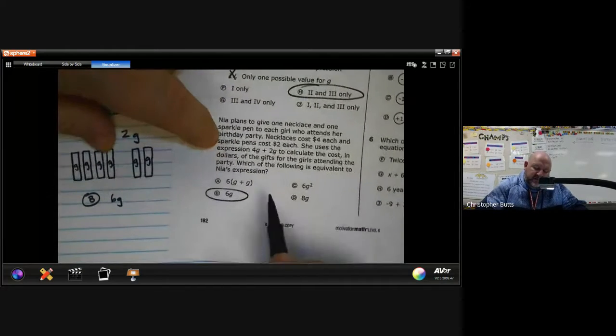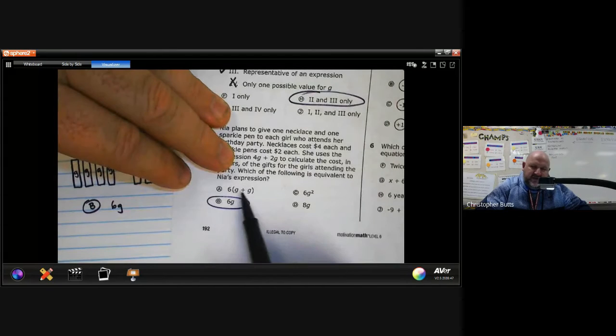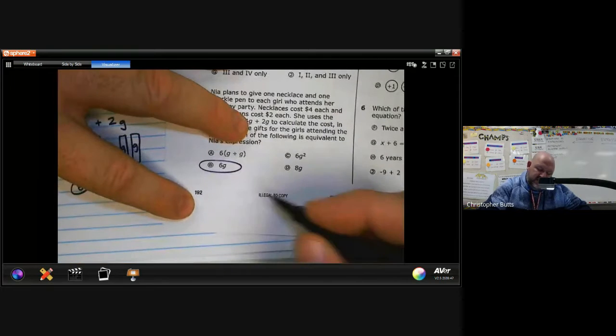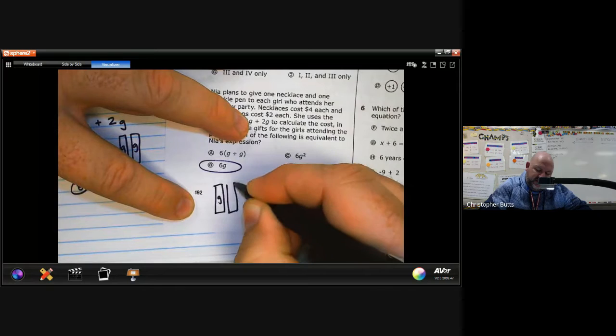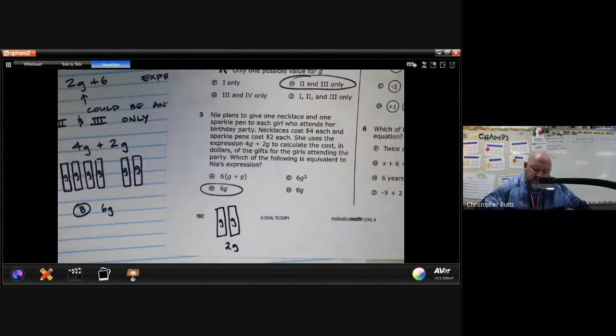When you take a look at over here, look at this answer choice, A. G plus G, think about that for a second. G plus G would mean I would have an algebra tile like this and an algebra tile like this. That would be 2G, okay?